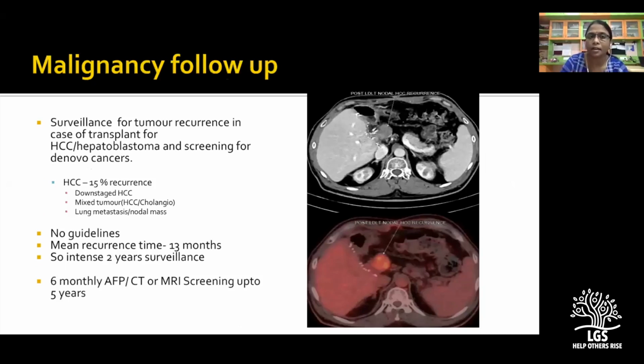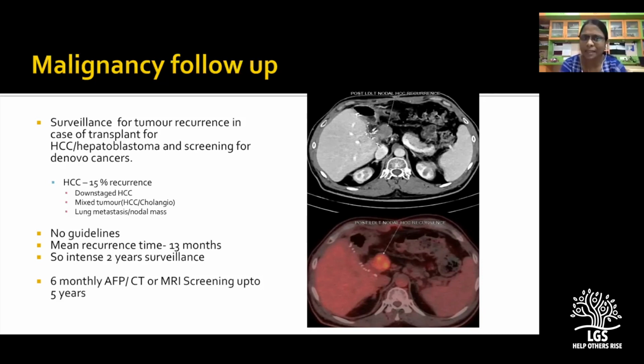Coming to the malignancy follow-up, in case of transplant for HCC or hepatoblastoma, surveillance for tumor recurrence is needed. In HCC, the rate of recurrence is 15%, especially in downstaged HCC. It is a bit higher for mixed tumors when there is a cholangio component. HCC recurrence is more often nodal recurrence and lung metastasis when compared to parenchymal intrahepatic masses.